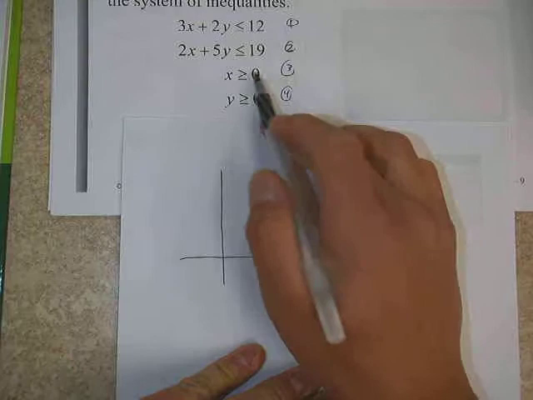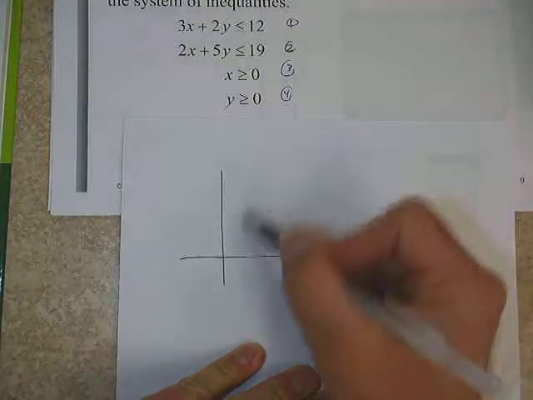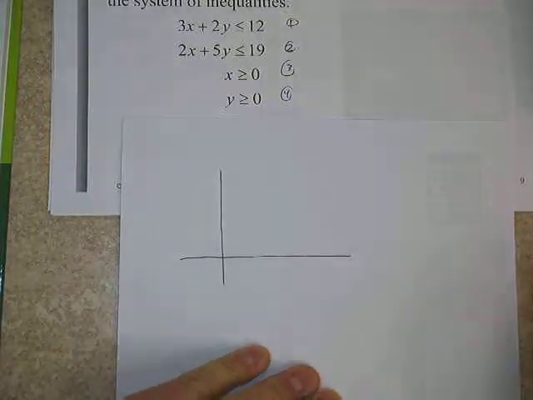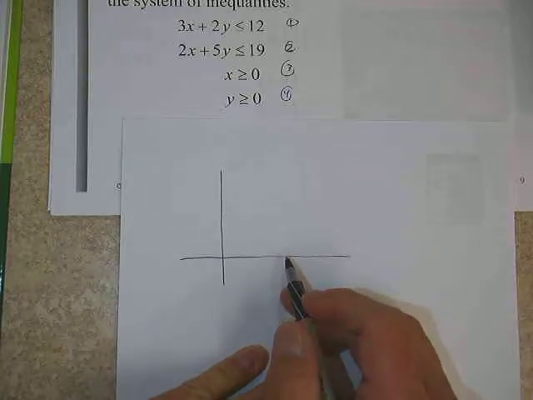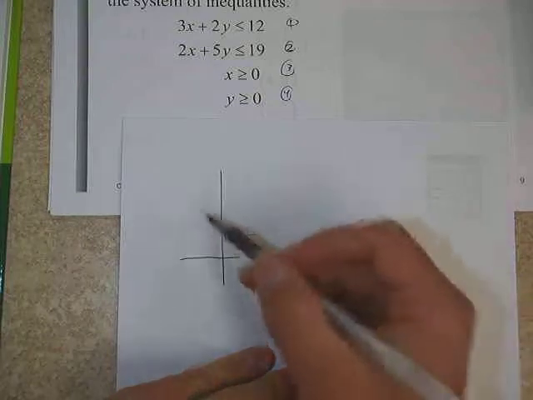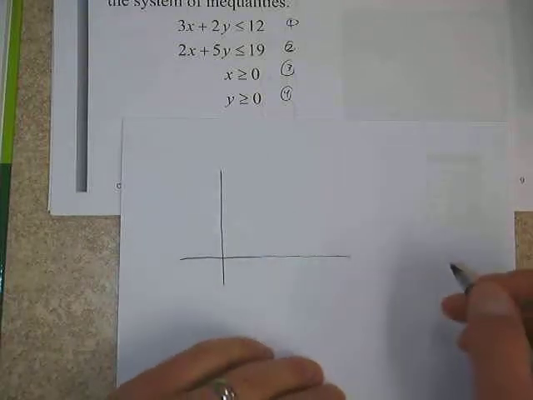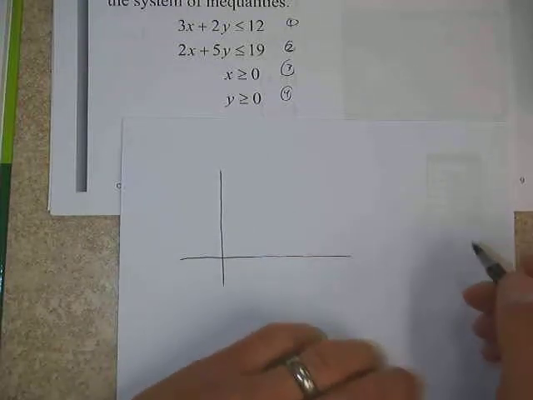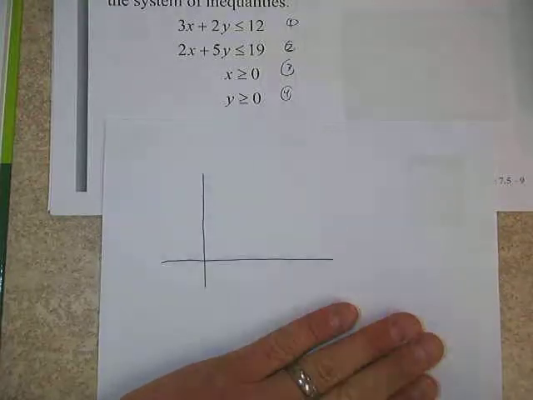X equals 0, of course, is the y-axis, and y equals 0 is the x-axis. Notice that they're both greater than, which really just takes us into the first quadrant only. So none of these other quadrants are going to be part of our region.